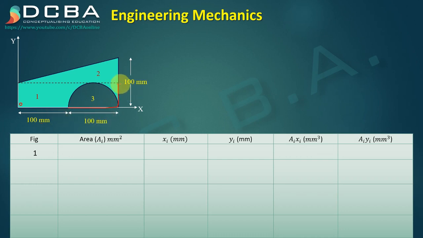Now see, this semicircle has a diameter of 100, right? It means that this much part is 50. If this much part is 50, then the top will also be 50 because the total is 100, right? So the area of the rectangle is 200 into 50, which is 10 raised to 4.